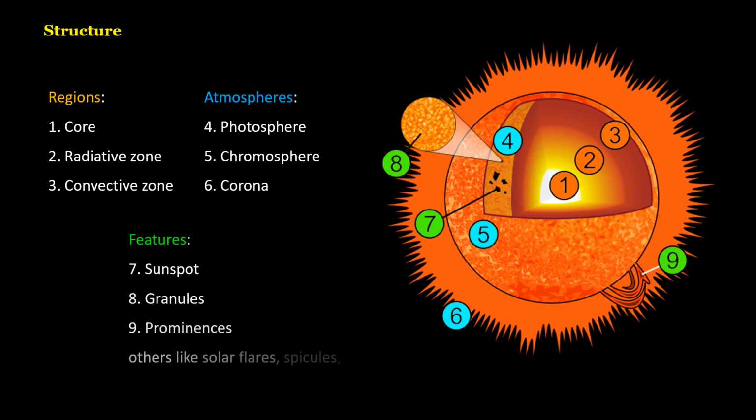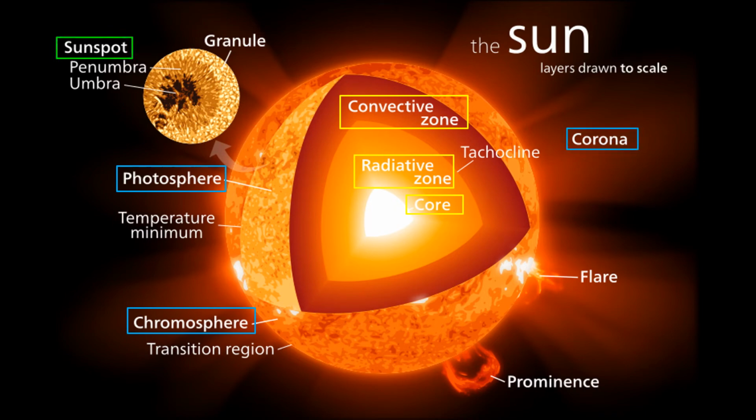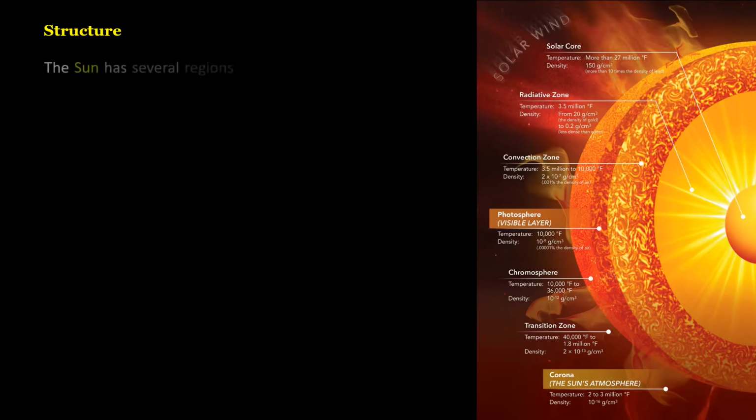Prominences, others like solar flares, spicules, etc. The sun layers drawn to scale. Core. Radiative zone. Convective zone. Photosphere. Chromosphere. Corona. Sunspot. Granule. Prominence. Flare.